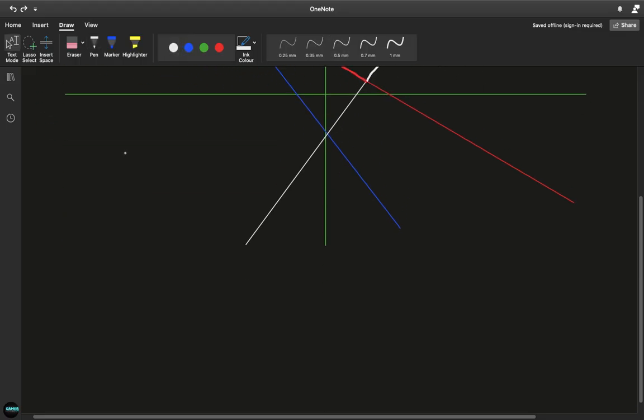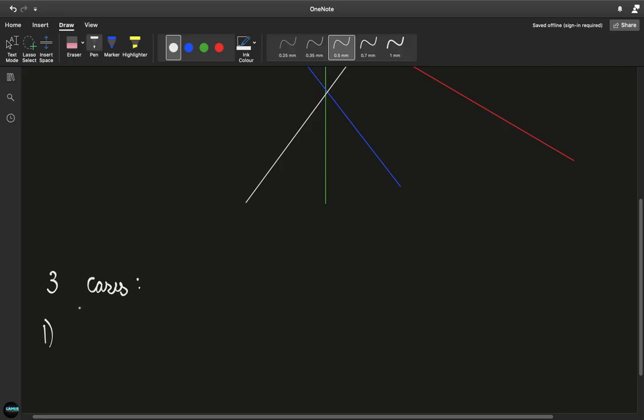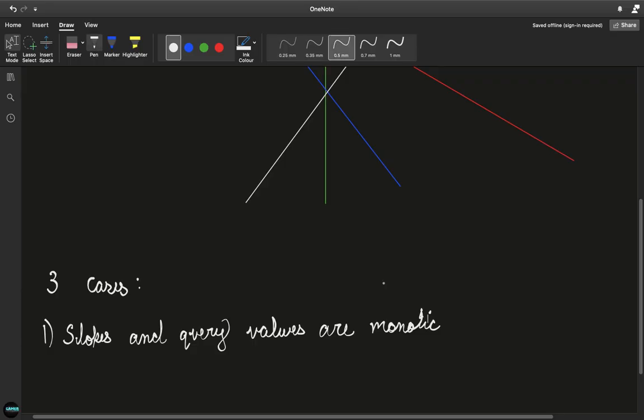Okay, so let's consider three cases. The first one is when all of the slopes are monotonic and all the query values are monotonic. This means that all the slopes are either decreasing or increasing, and all the query values are either all increasing or decreasing.